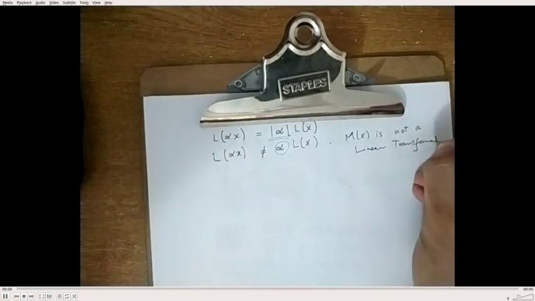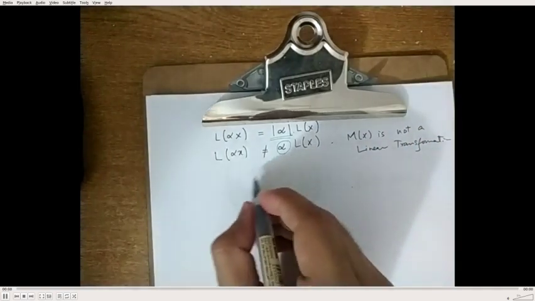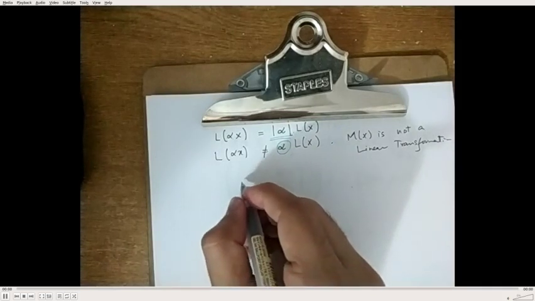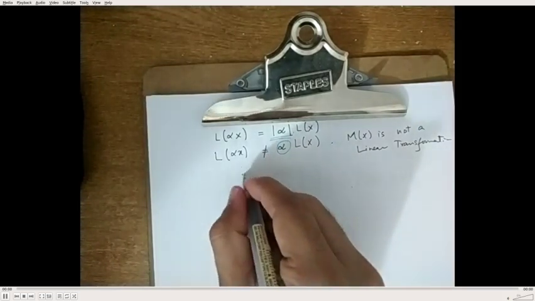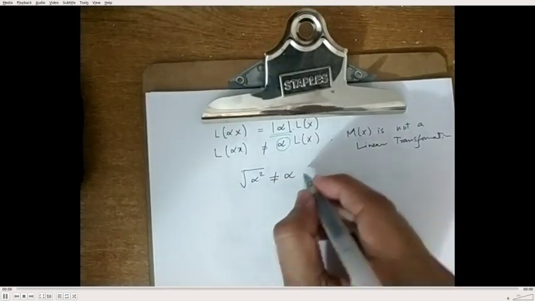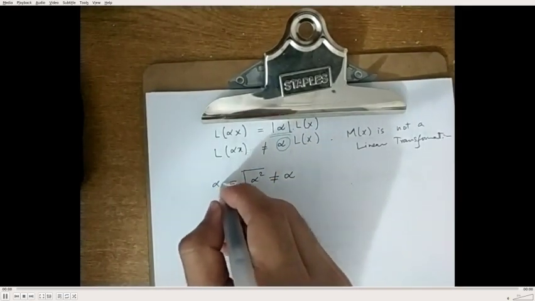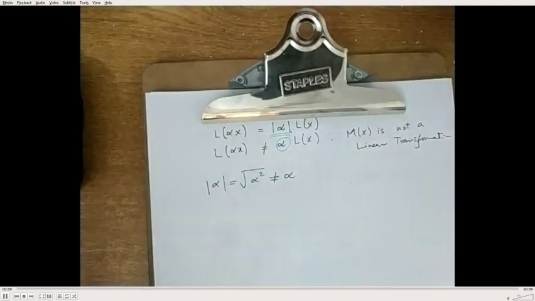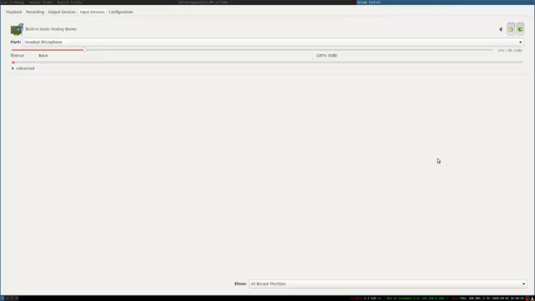So we've got to be careful, and I keep making this mistake myself, but remember that the square root of alpha squared is not the same as alpha. It's actually equal to the absolute value of alpha.